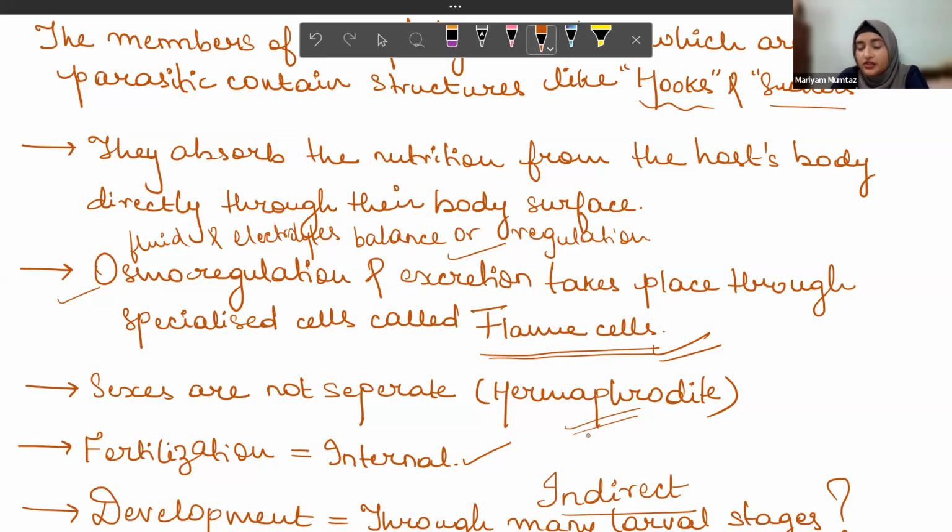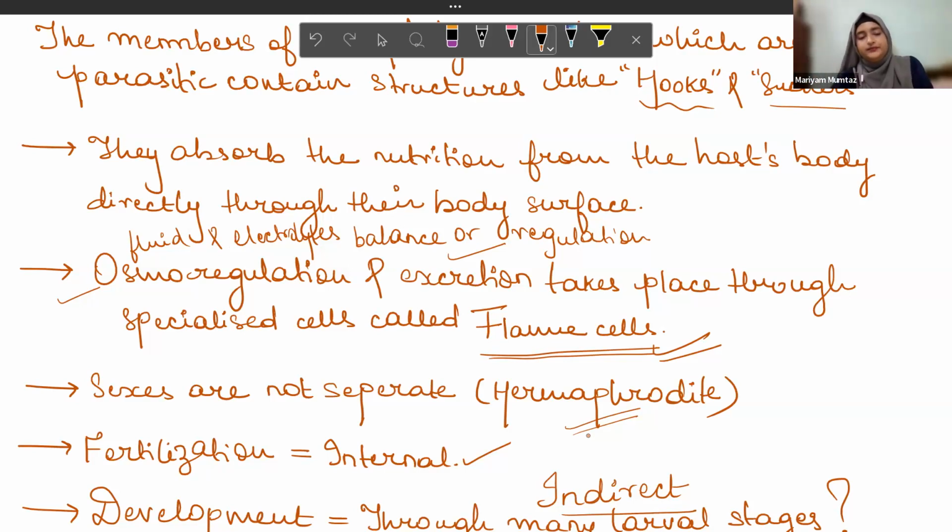When a person vomits or has diarrhea, a lot of fluid and a lot of ions are lost from the body. Ions are very important, particularly potassium, calcium and sulfur. All these ions regulate the homeostasis of the body. In the same way, they don't have diarrhea or vomiting, but in general the fluid regulation in their body is done by flame cells. So osmoregulation is basically fluid and electrolyte regulation, meaning how it is transported to different cells. Understood? Yes. And what is the level of organization here?